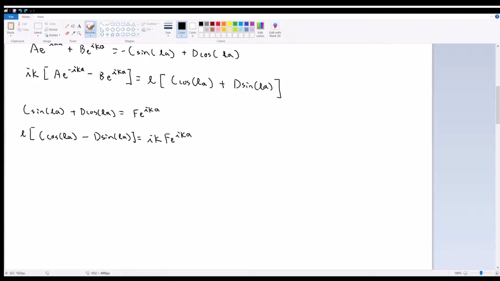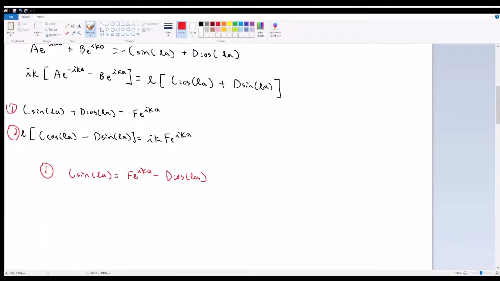Let's start by solving for C. I'm going to use this top expression, and I'm going to solve for C. This is equation 1, this is equation 2. I'm going to take equation 1: C sine la is equal to F e to the ika minus D cosine la.